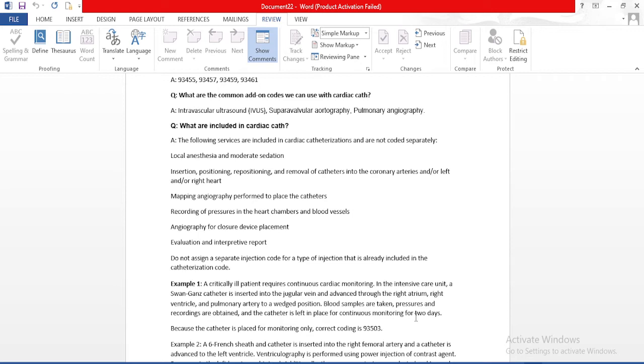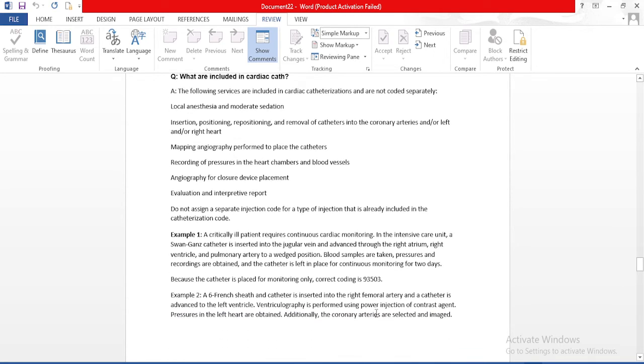The following services are included in cardiac catheterization and are not coded separately. Local anesthesia and moderate sedation; insertion, positioning, repositioning, and removal of the catheter into the coronary arteries under left and/or right heart; mapping angiography performed to place the catheter; recording of pressures in the heart chambers and blood vessels; angiography for closure device placement; evaluation and interpretive report.